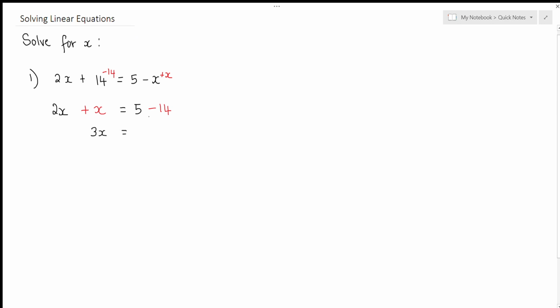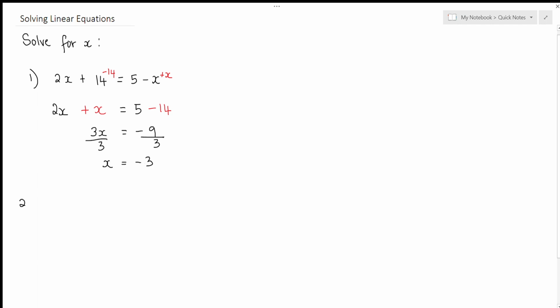On the right hand side I have 5 minus 14, which would give me negative 9. So I have 3x equal to negative 9, so I'm going to divide by 3 on the left hand side, divide by 3 on the right hand side. So here I will have x equal to negative 3.